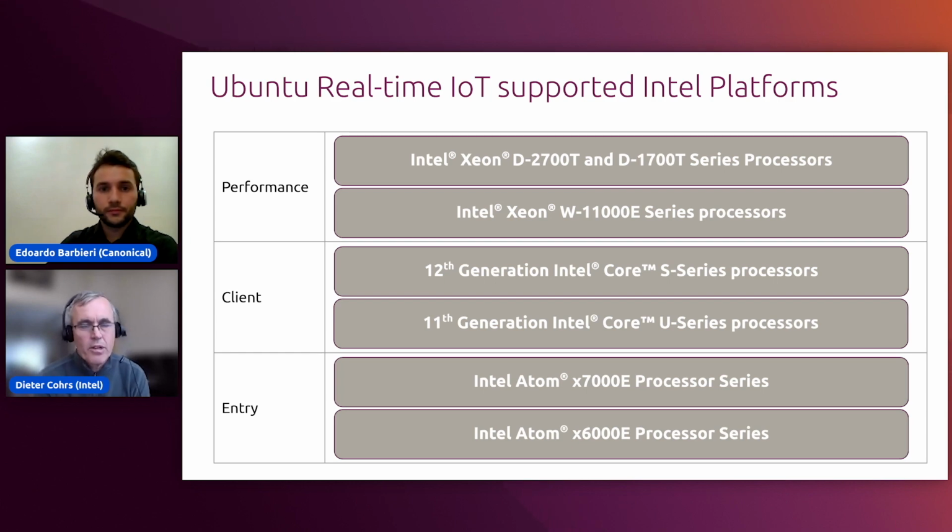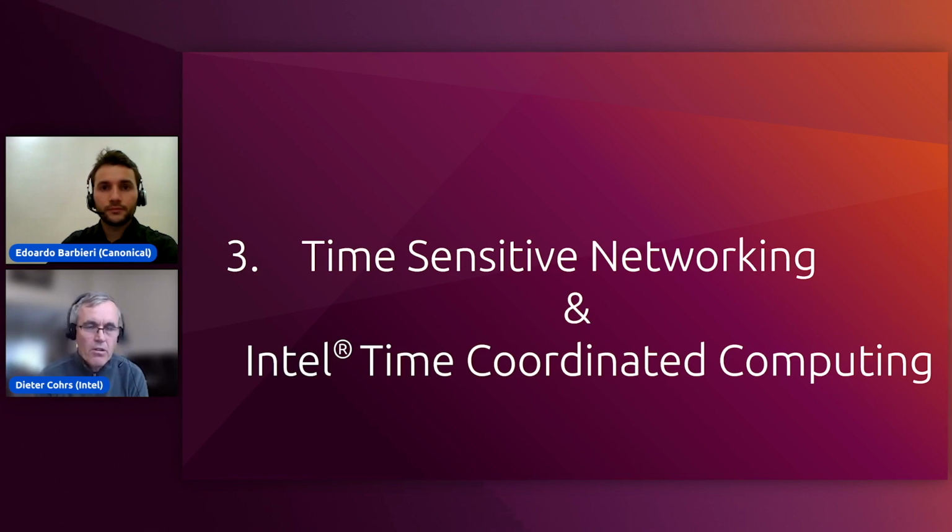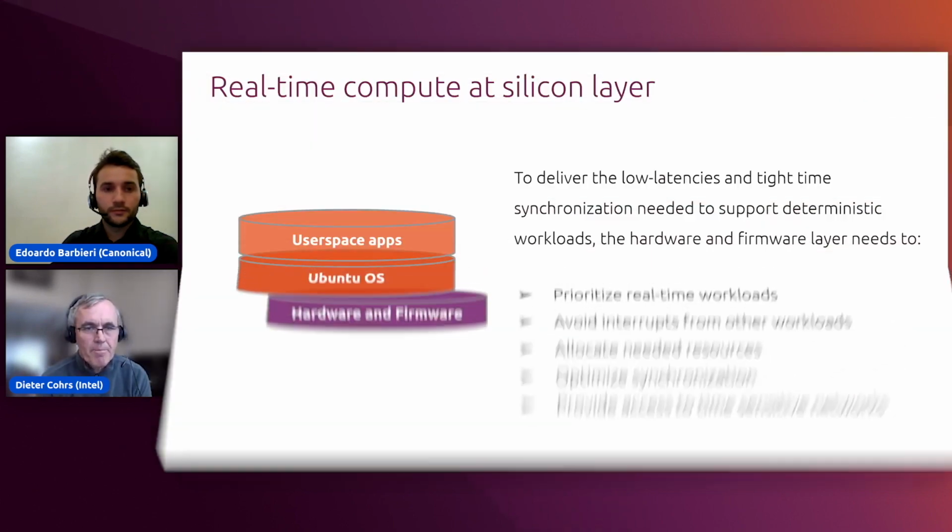So with that, Eduardo, I think let's move into the next section here, where I really get into more detail on what Intel is delivering in terms of time-sensitive networking and Intel time-coordinated computing, and where Canonical and Intel have worked together to make sure that that is covered in the upcoming release of Ubuntu real-time for IA.